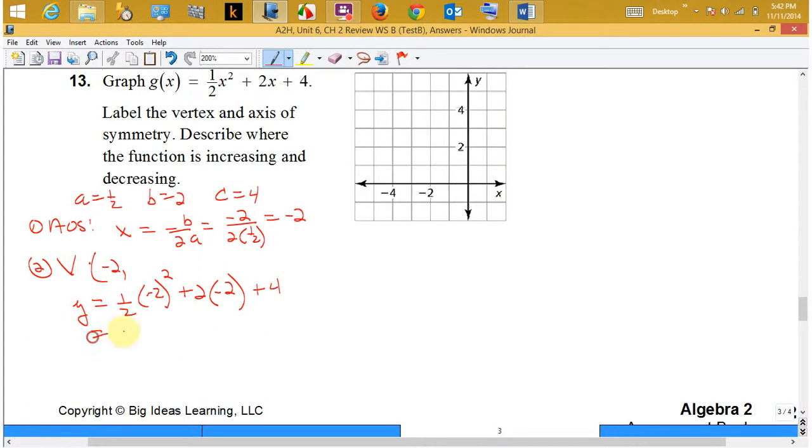That would be equal to 1/2 times 4 minus 4 plus 4. That would be 2 minus 4 plus 4. A negative 2 plus 4 gives me 2. So my vertex is at (negative 2, 2).